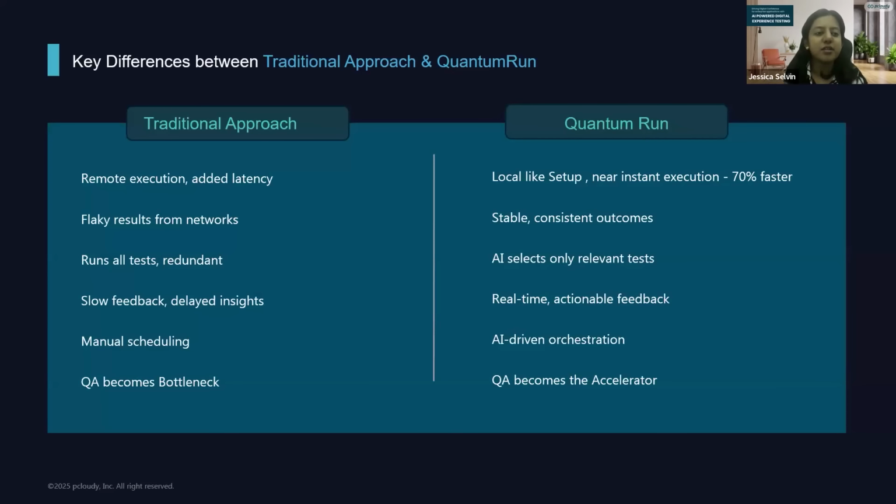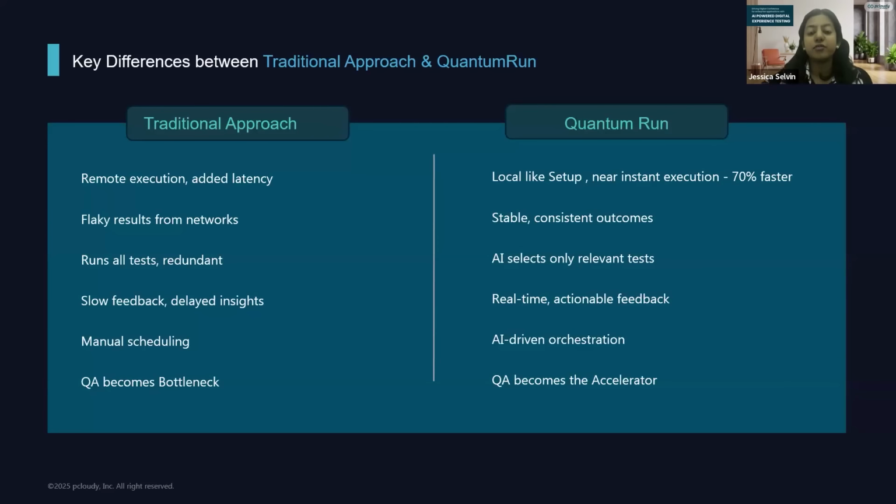So to summarize, where are we seeing the key differences between the traditional approach and QuantumRun? Firstly, the added latency of remote execution is reduced by bringing local-like near-grid execution. The typical challenge of more latency because I'm executing on cloud devices will be eliminated, and that is bringing it up to 70% faster.